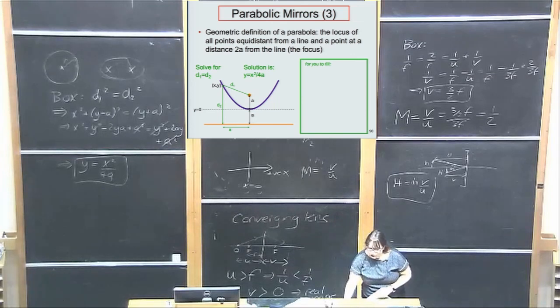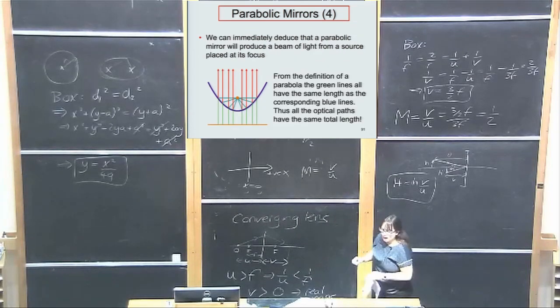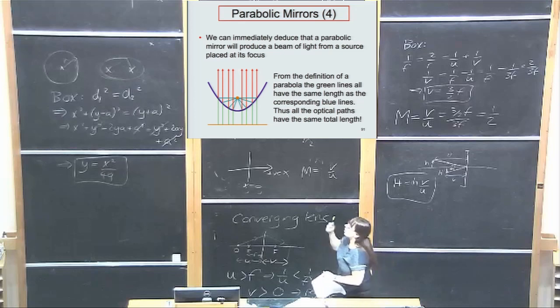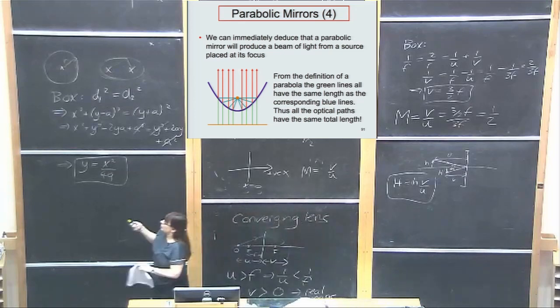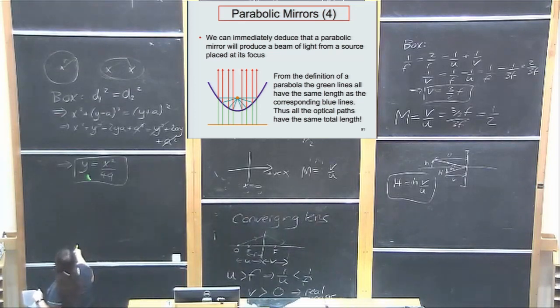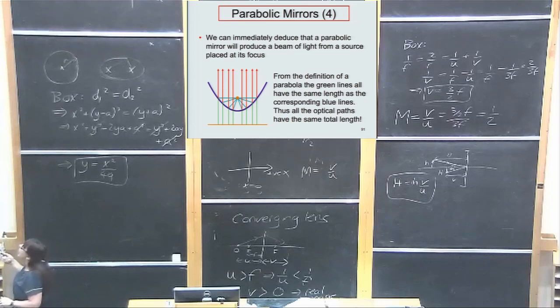Now that, therefore, has told us that a parabola is the right shape, because we have just defined it. We've definitely recognized this as being a parabola, so we know that this geometric definition that I started with is the right one.